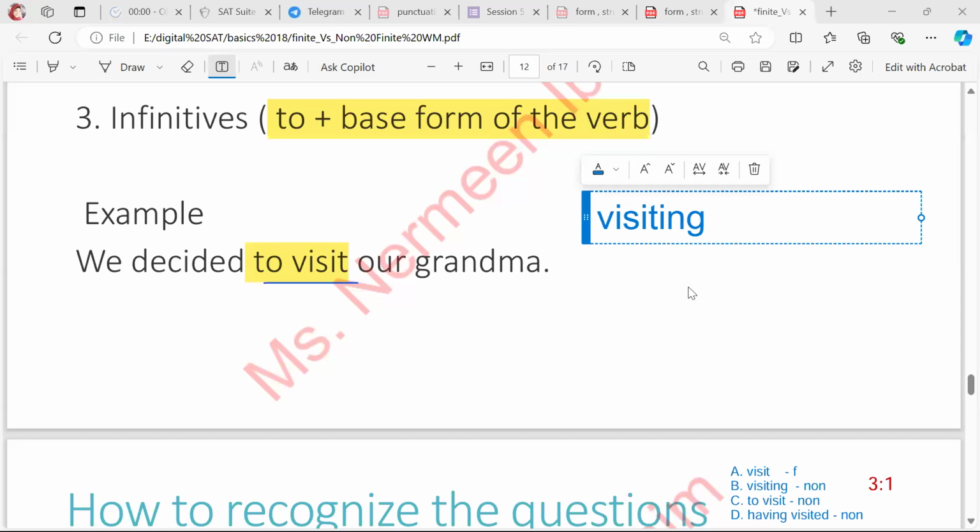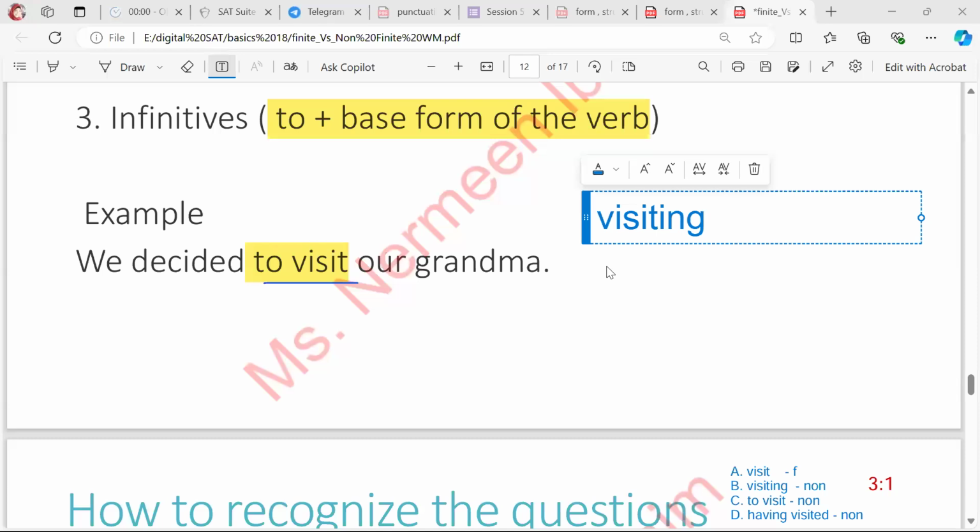Abdurrahman Gamal. Visiting, is it finite or non-finite? I think it's finite. Yes. Okay, but stay with me. Don't mute your mic, please.